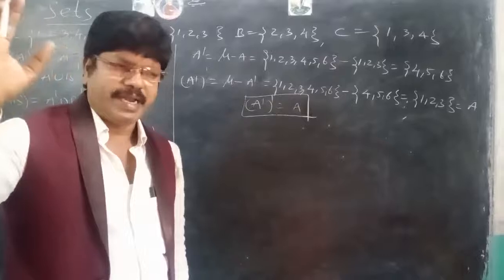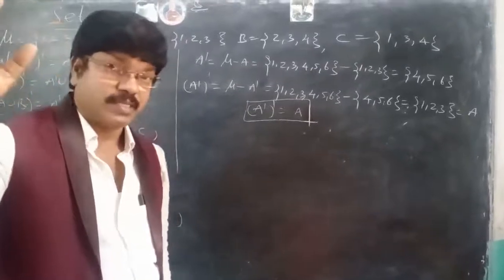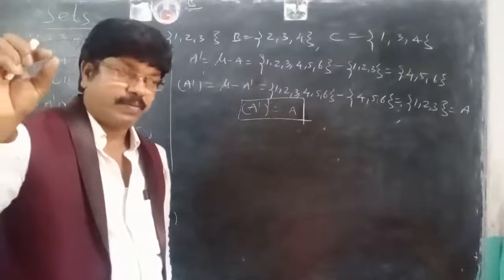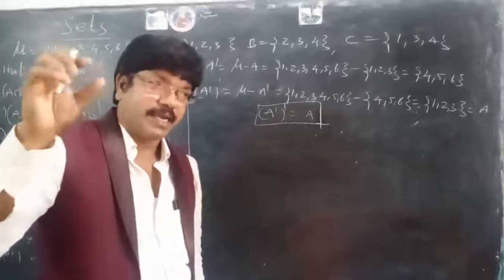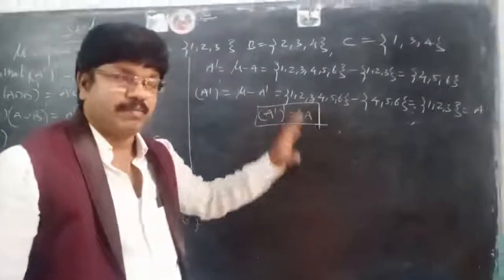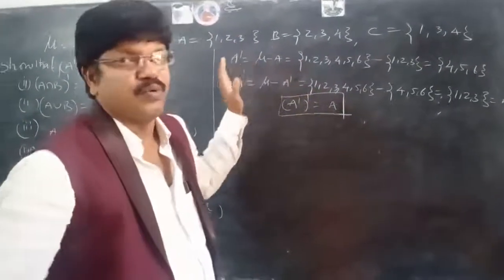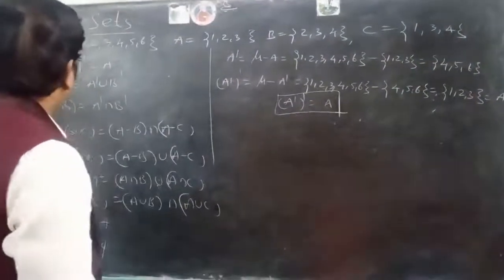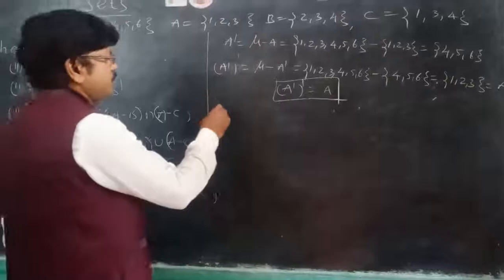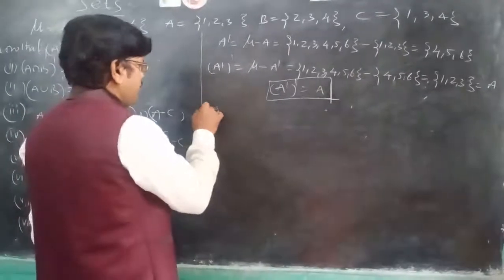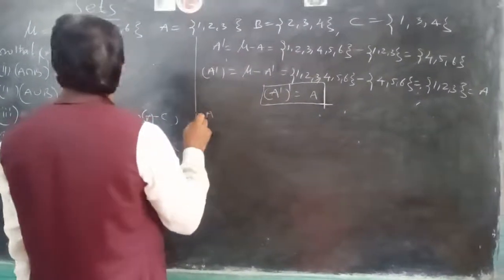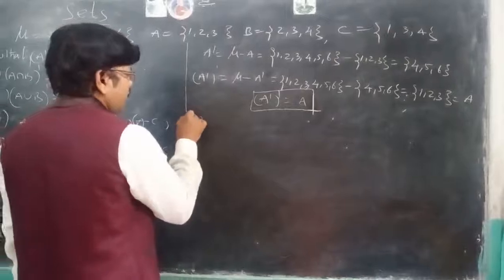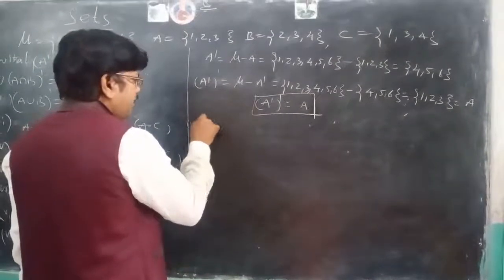How to find A dash or A dash whole dash? If you want to find A dash whole dash or any complement, the set mu must be given. Next, A intersection B whole dash.